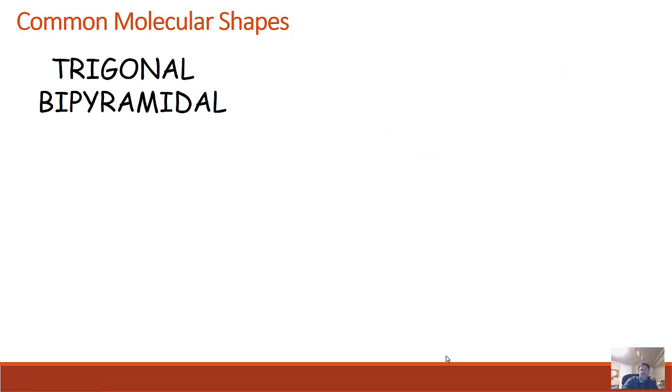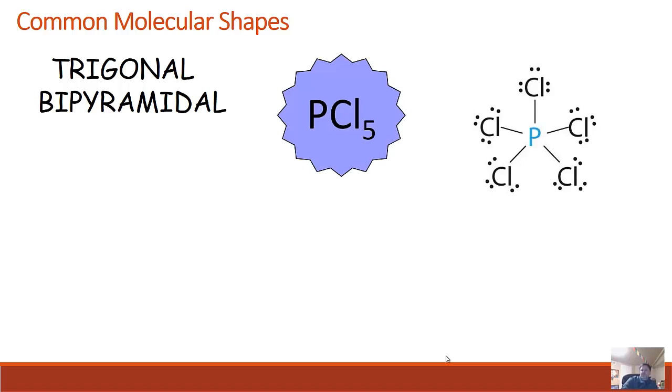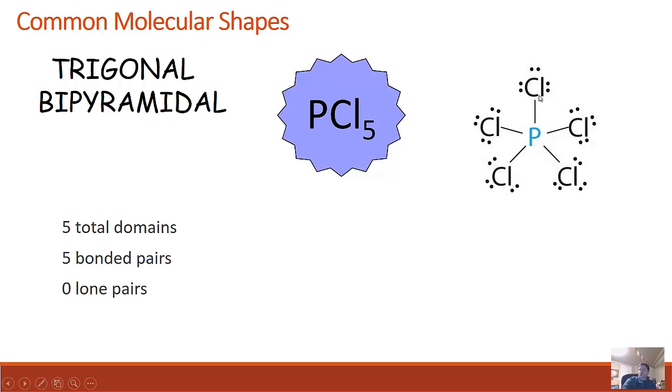Our next one then was trigonal bipyramidal, PCl5. This one's a little weird because we have an expanded octet, which means that around phosphorus is 2, 4, 6, 8, 10 electrons. But if you draw them all, you can figure this out pretty easy. So now we have 5 domains around there, no lone pairs.